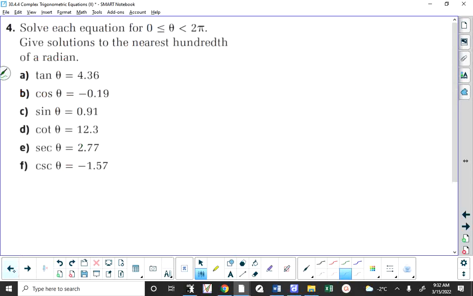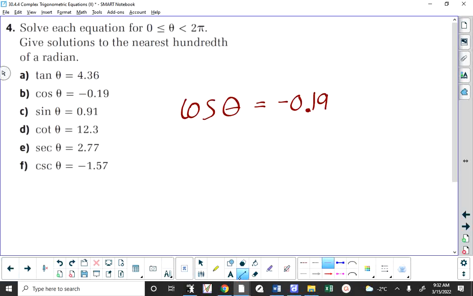Okay. For B? So cosine of theta equals negative 0.19. We want a set of answers that go from and including 0 up to but not including 2 pi.